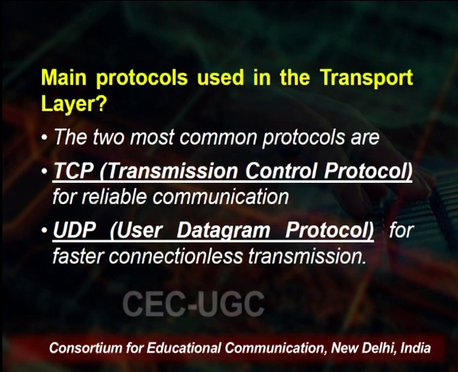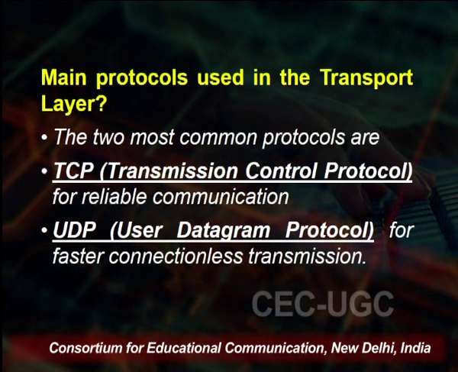Now when we talk about protocols, as in the network layer where we saw so many protocols, similarly we also talk about the protocols which are used on the transport layer.